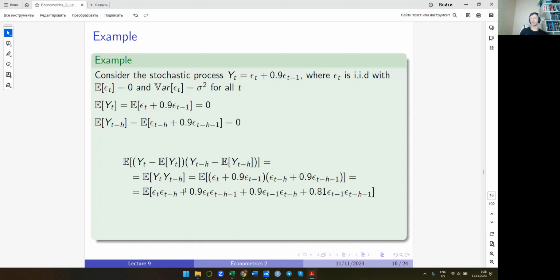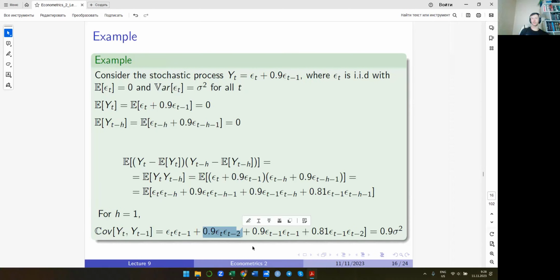So this is basically all that we can do for the autocovariance of y_t and y_{t-h}. But now if we have some particular lag, for example, if h is 1, we can plug everything in here and inspect what we see. Here is a typo: this must be an expectation of the following expression. The expectation of the first term is 0. The expectation of the second term is 0.